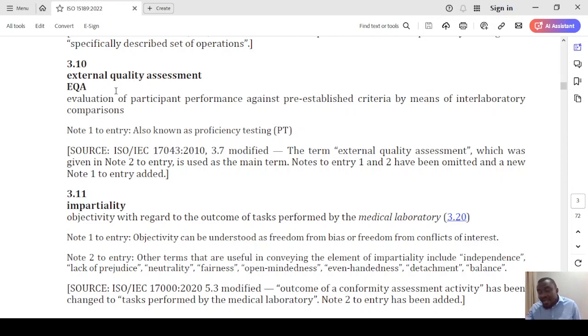So they are analyzing your results based on their value. Or it can be an EQA based on a group consensus process, whereby they send out samples to different labs and then they get the mean. So if you are closer to the mean, it means you are accurate. If you are far away from the mean, it means you are not accurate.